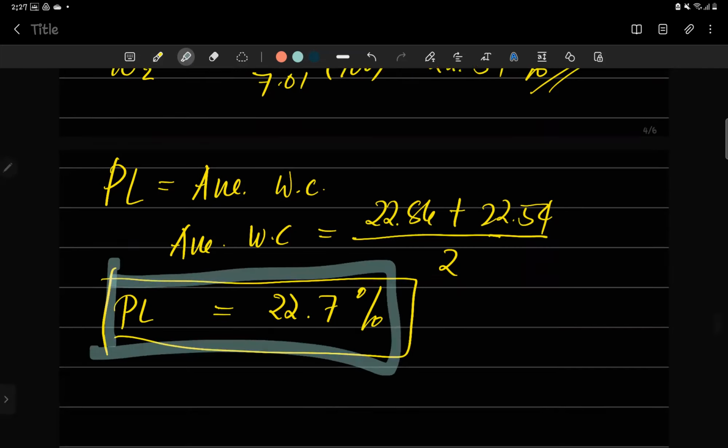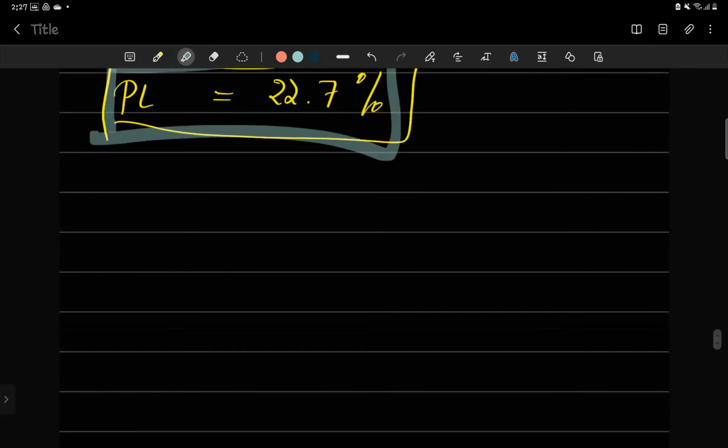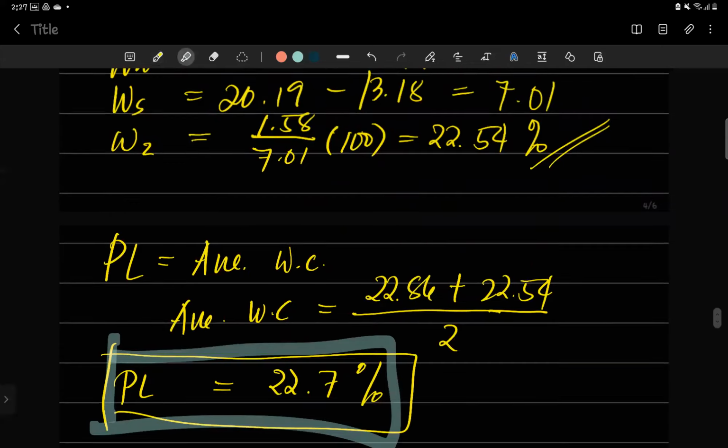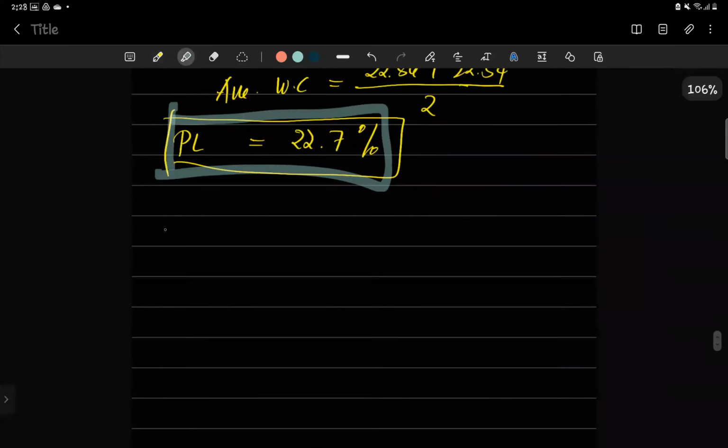Okay, then we're going to solve for the liquidity index or LI. So number 3.